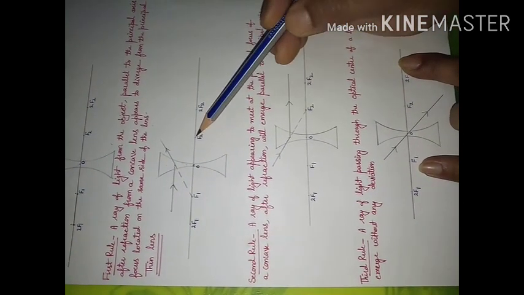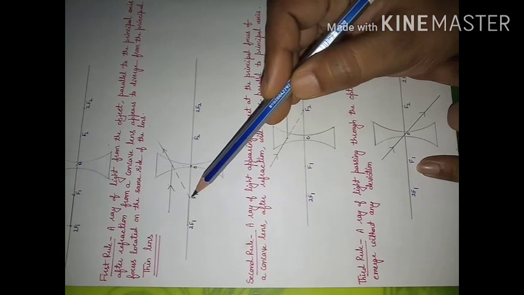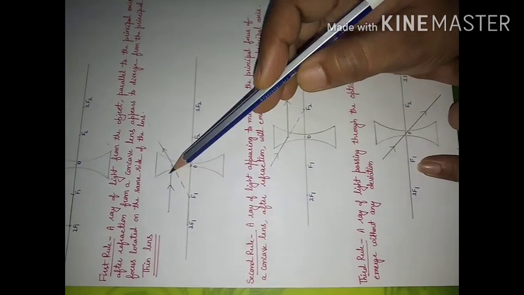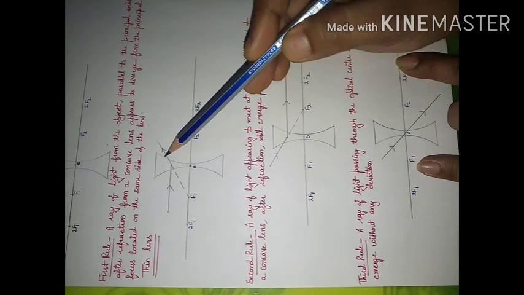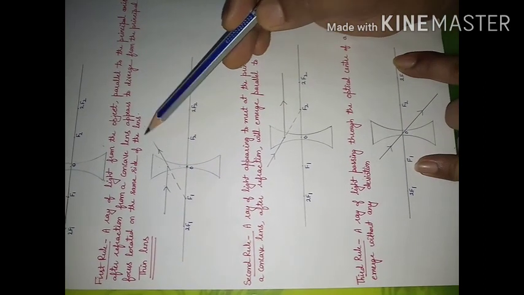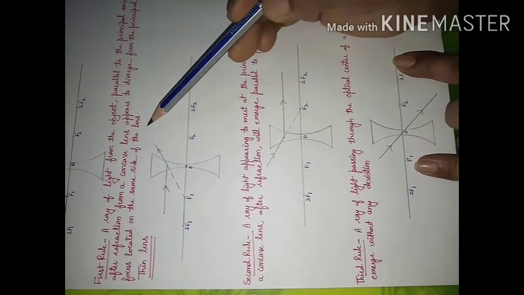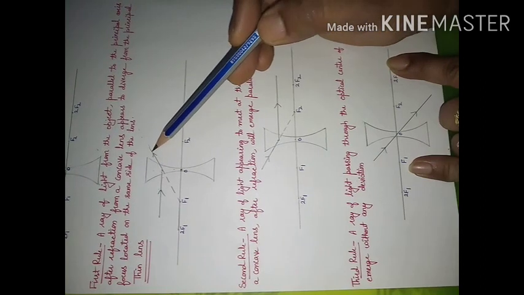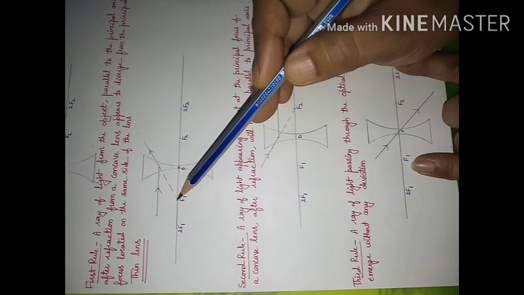See, this is also focus. This is also focus. So from which side ray of light is coming? This ray of light, after refraction, when you will see, this will reach to your eye, and to your eyes it will appear that it is coming from this focus.